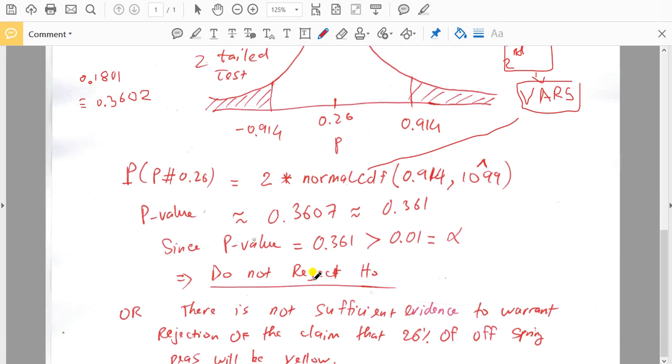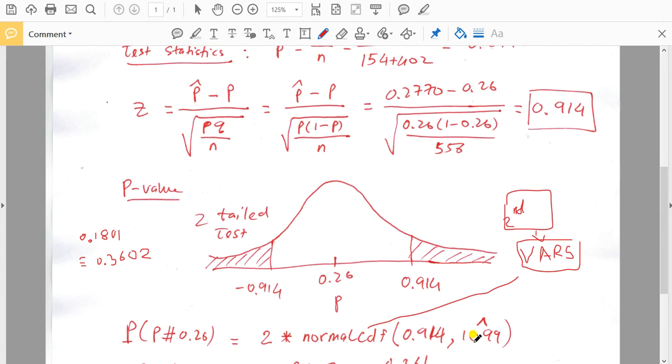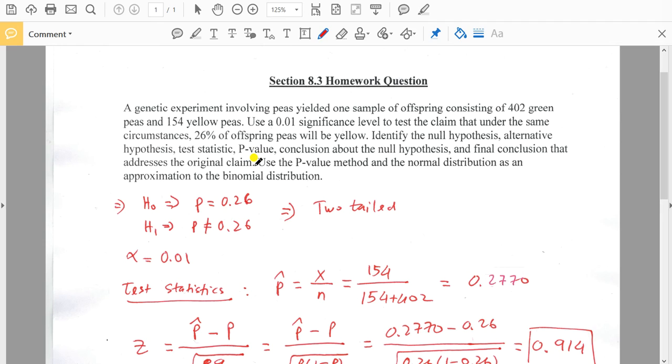Or you can conclude that there's not sufficient evidence to reject the claim that 26% of the offspring will be yellow, because the question asks us to test the claim that under the same circumstances 26% of offspring will be yellow. So they just want to test if we reject it or we do not reject it.